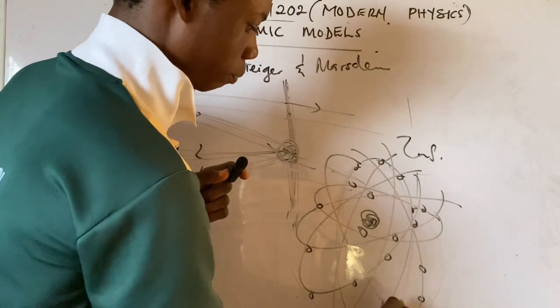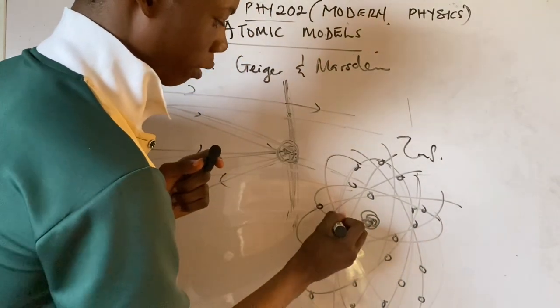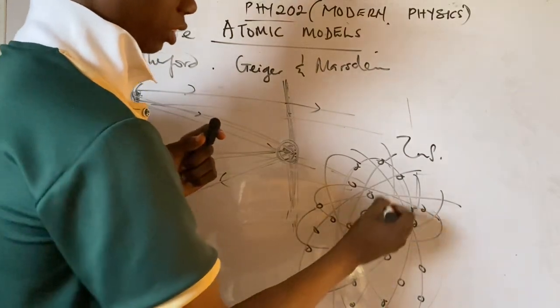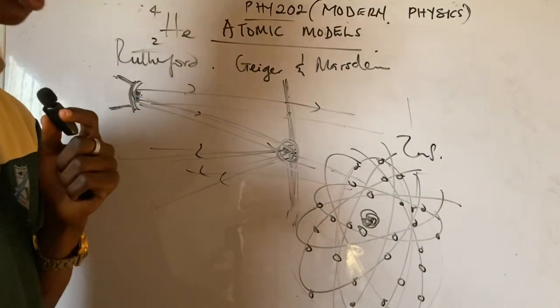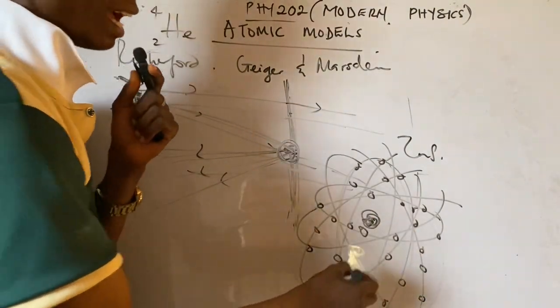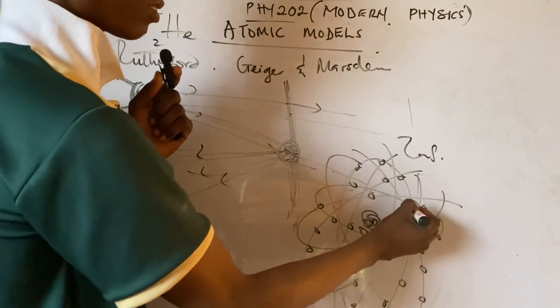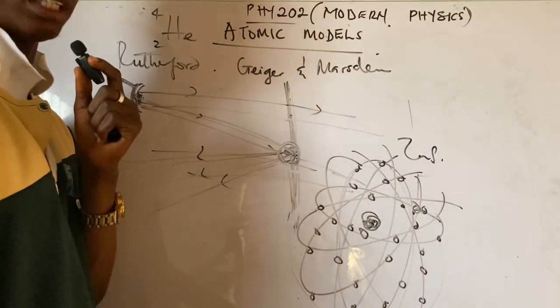The Rutherford planetary model of atom states that the atom consists of a positively charged nucleus where most of its mass is concentrated, and electrons that orbit around the nucleus the way planets orbit around the sun.